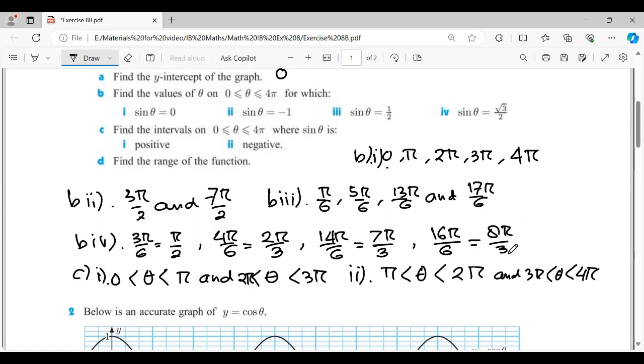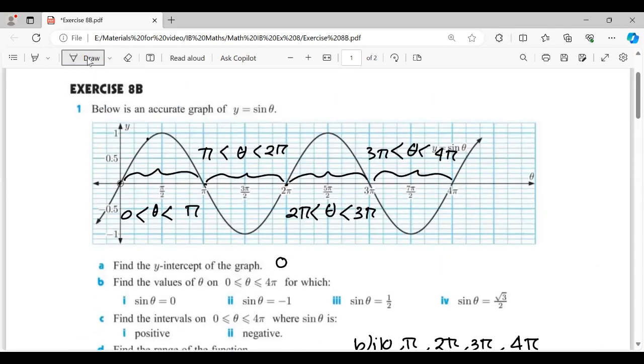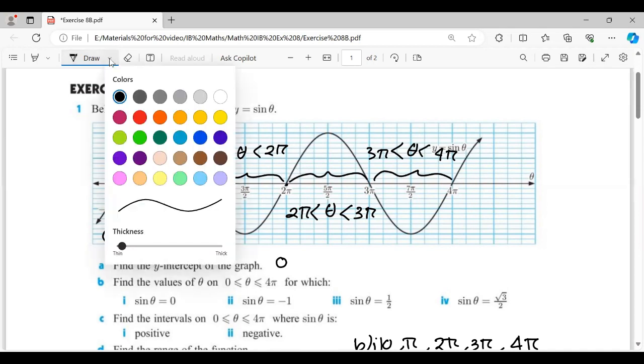Now define the range of the functions. If you look, the maximum is 1 and the minimum is -1. So the interval is from -1 to 1.